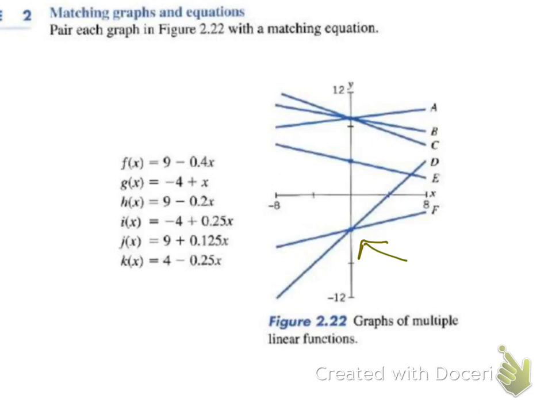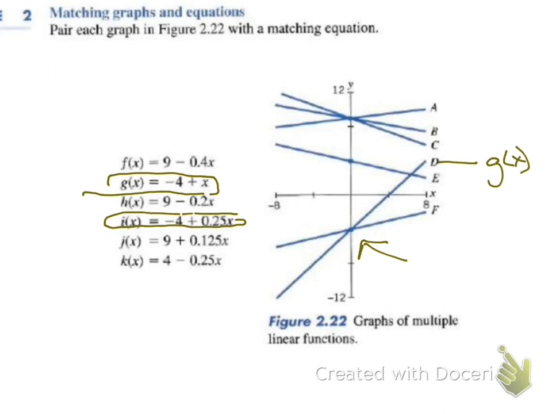It looks like my y-intercept is negative here, and positive, positive, negative here. Okay, so then the question is, which is which? So it looks to me that the D would be the g of x because its slope is positive 1, whereas the F slope is not as steep.